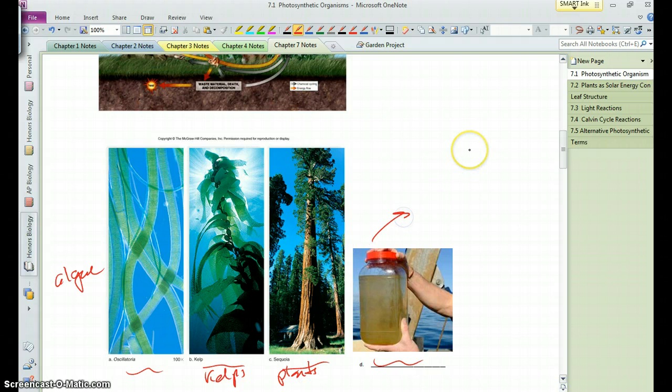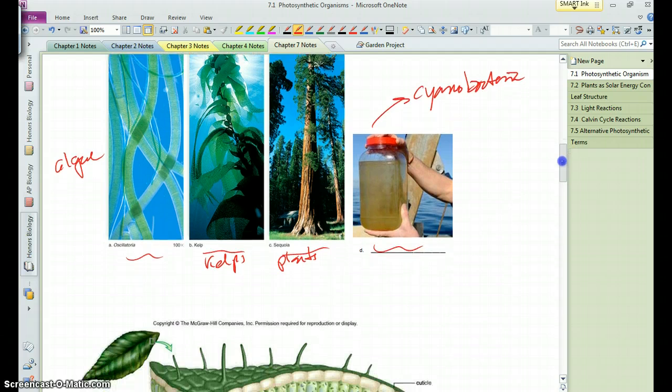In the aquatic system, we also have these types of bacteria that are photosynthetic, and they are known as cyanobacteria. You'll find them in freshwater systems and saltwater systems, same as algae. And of course, you can also find plants in aquatic systems like the ones in our fish tank. But all of those are photosynthetic.